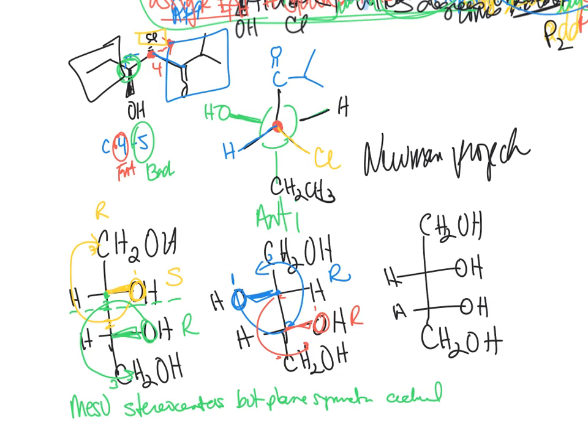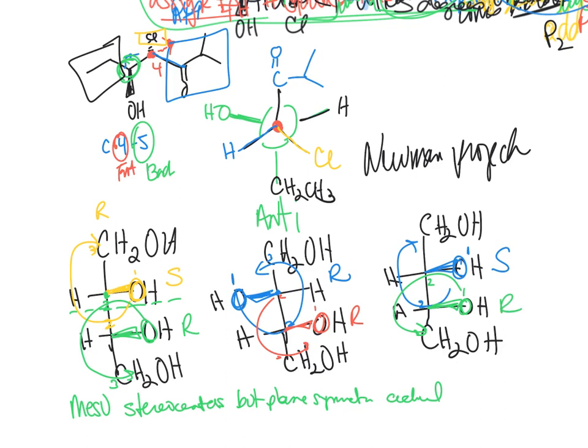And then you come over here. This is 1, 2. So that's R, that's coming at you, so that's S. And then this one is 1, 2, 3. So even though that's S, it's coming at you, so that's R.